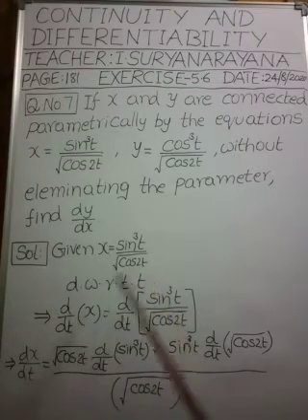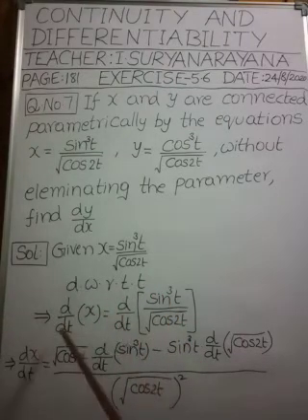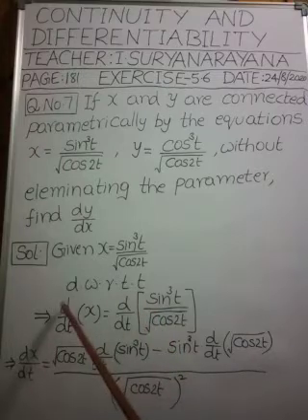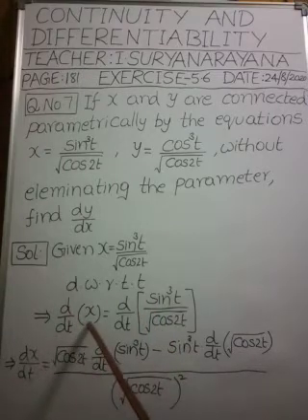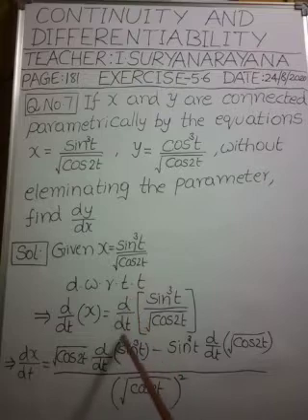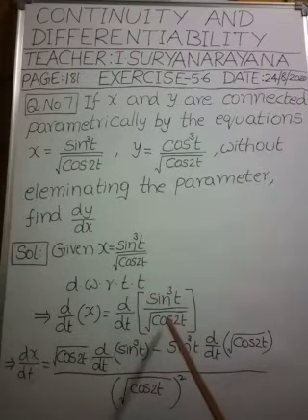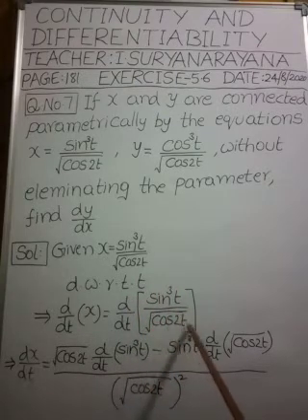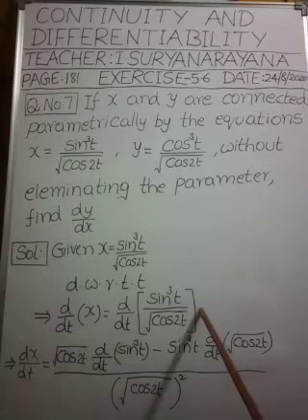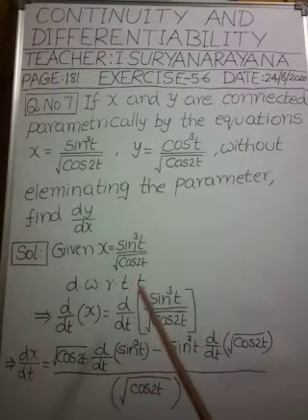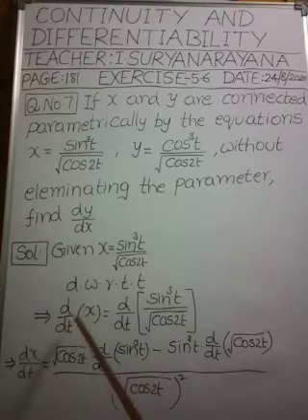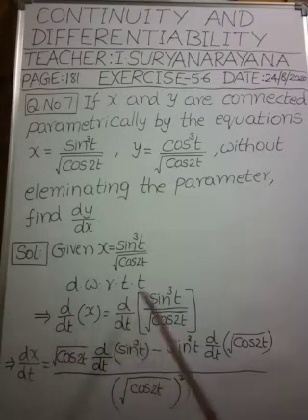D by dt. So we write d by dt on both sides of this equation. This implies d by dt of x is equal to d by dt of sin cube t by square root of cos 2t. Understood this step, my children? We have just written the differential operator d by dt on both sides.